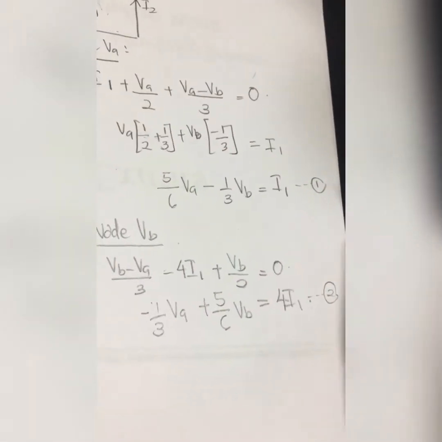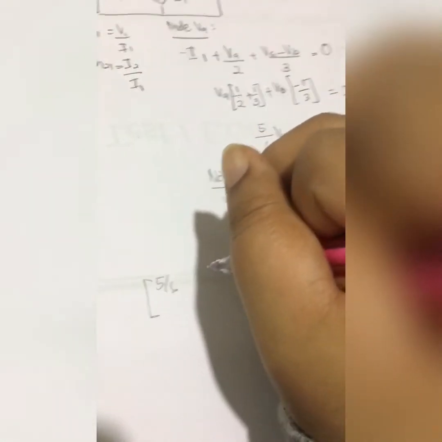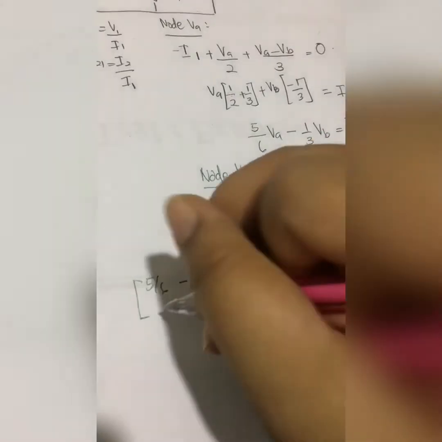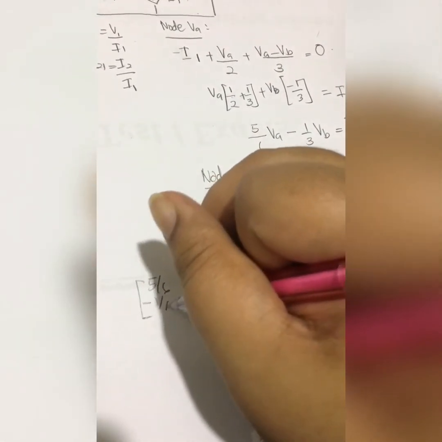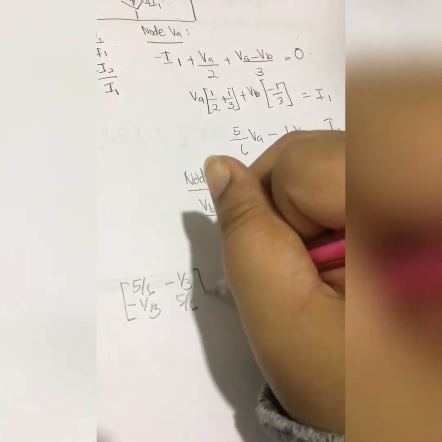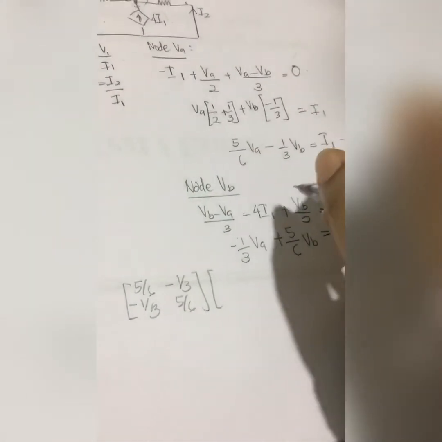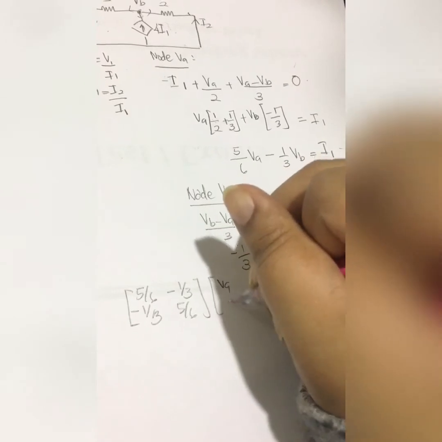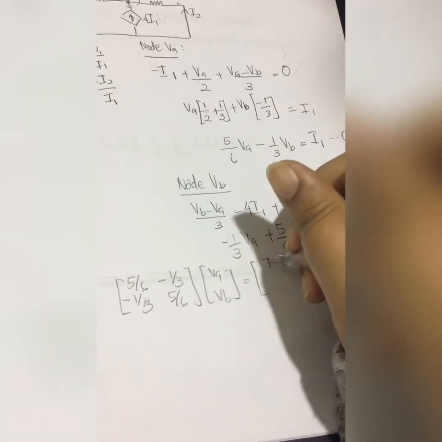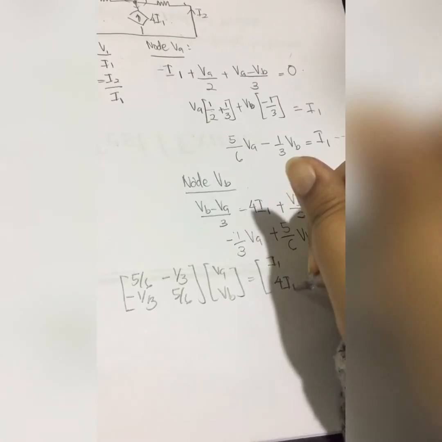Then we rearrange these two equations in matrix form: 5 over 6, negative 1 over 3, and negative 1 over 3, and 5 over 6 again, times VA and VB, equal to I1 and 4 I1.